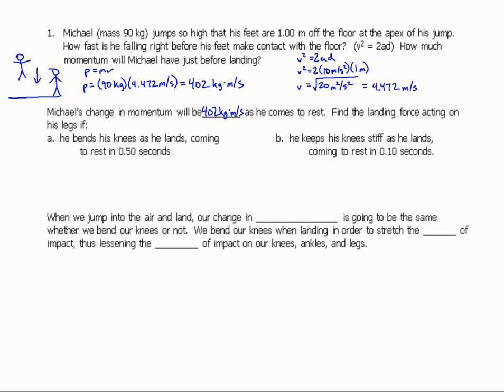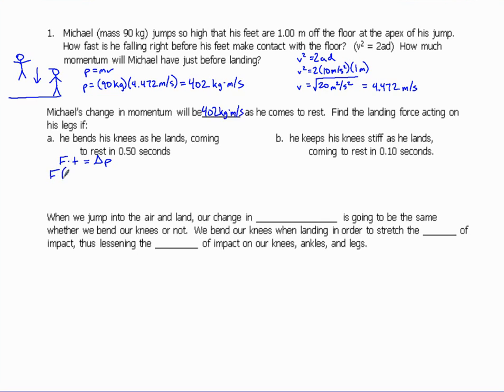Find the landing force acting on his legs in a couple different conditions. One, if he bends his knees as he lands, coming to rest in 0.5 seconds. So force times time equals change in momentum. Impulse equals change in momentum.